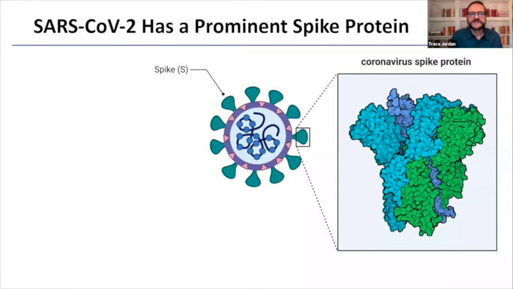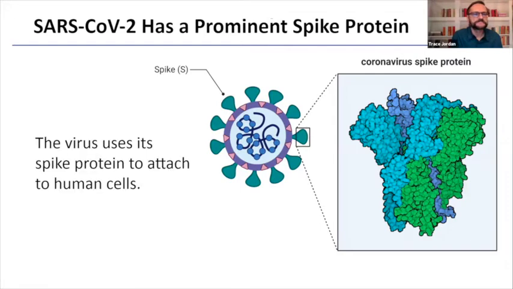The spike protein is a trimer consisting of 3 amino acid chains that are intertwined with each other. In the diagram, these chains are colored green, purple, and cyan. So they're long chains of amino acids that constitute the spike protein.